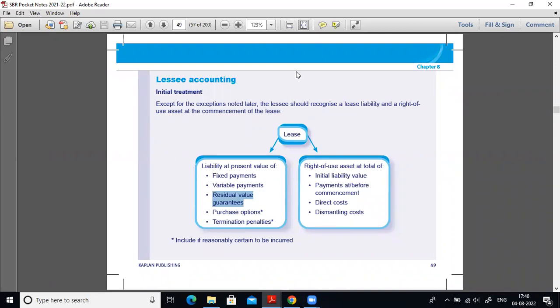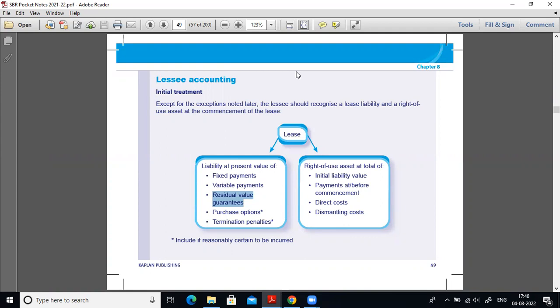Now, generally, the right to use of asset is a total of the initial liability value, that is our present value of the lease, then payments before the commencement, or we can also say it as a down payment or the advances. The right to use of asset includes these advances, the direct cost and even the dismantling cost.